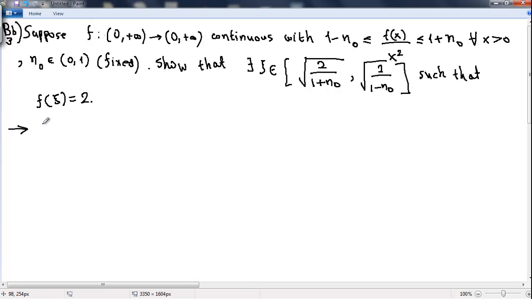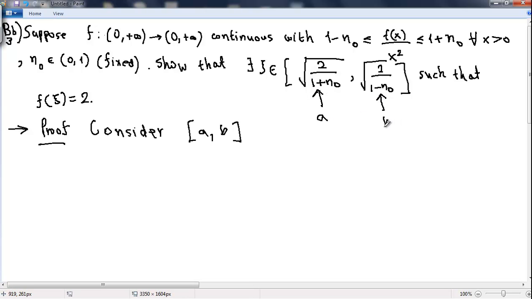So, proof of that. I consider the interval AB where A is this number and B is this number here.